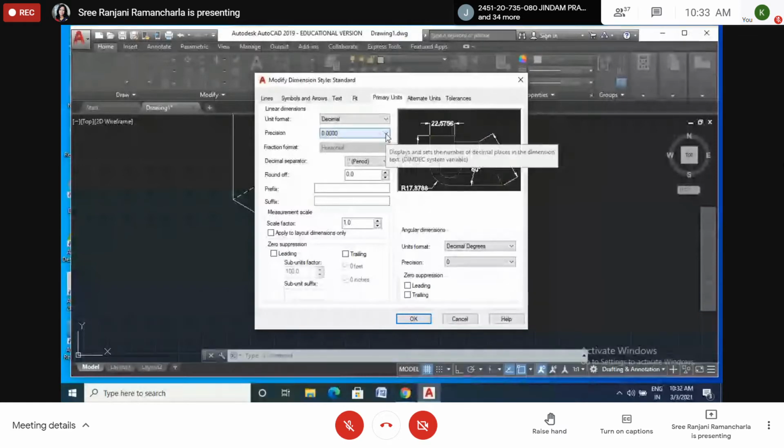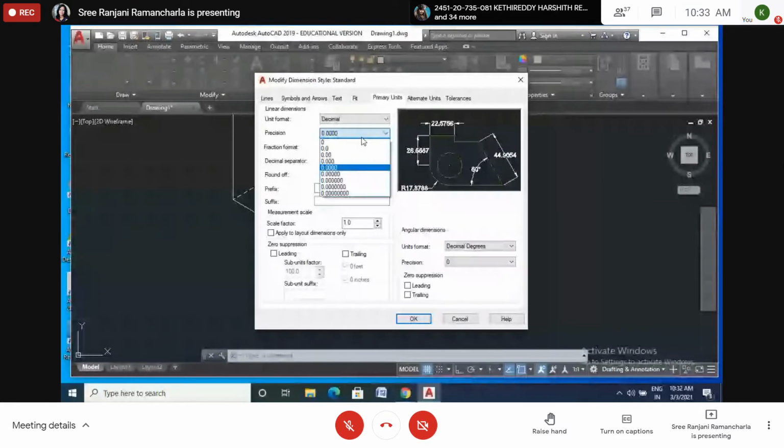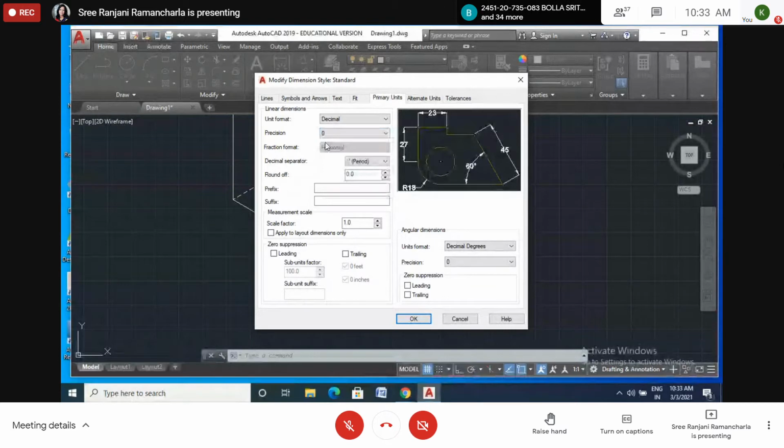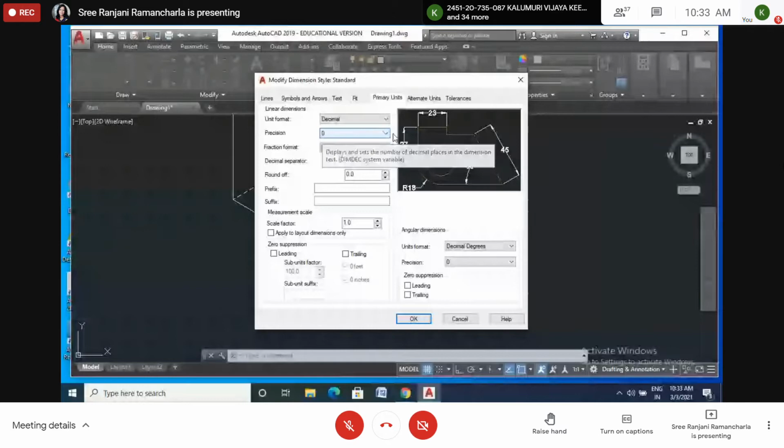If you take 0, without any decimal, suppose you have a measurement of 5.9, it will not show 0.9. 0.9 is very near to 1, right? So don't show that. You show this one, so after the decimal, 1 digit should be there. Have you got this one? Precision.